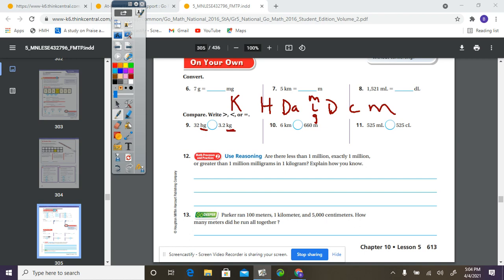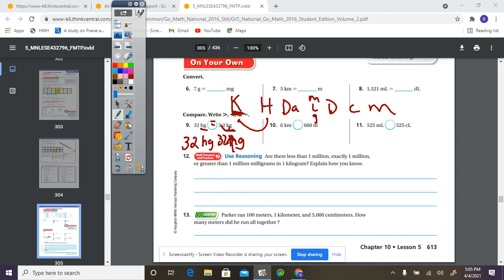So I'm going to convert the kilograms, this one, into hectograms. So that means I have to move 1 over, right? So I move 1 over. So then I'm comparing 32 hectograms to 32 hectograms. Those are equal. So you're just converting one of them, and then you're comparing them, greater than, less than, or equal to see if they're equal or if one's greater than the other.